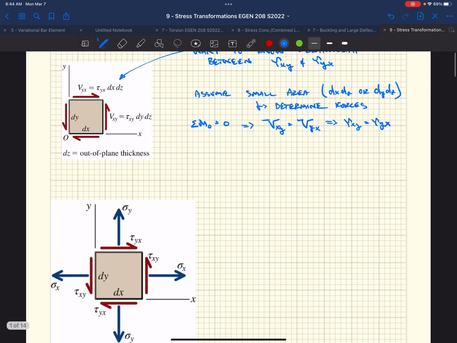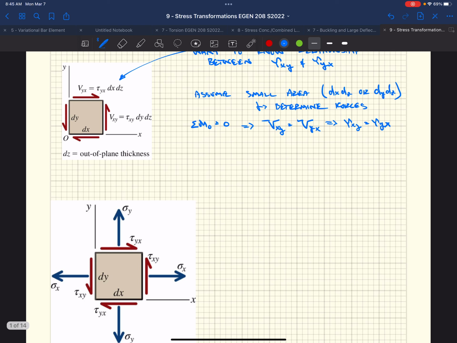So what does that mean with respect to figuring out the signs of our shear stresses, as was asked earlier?